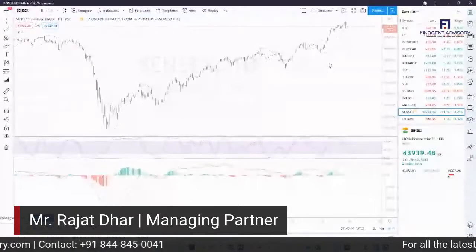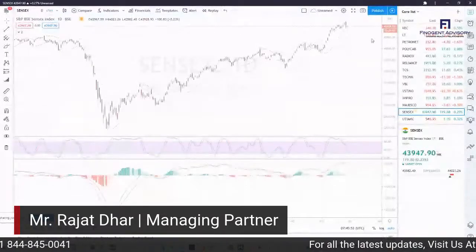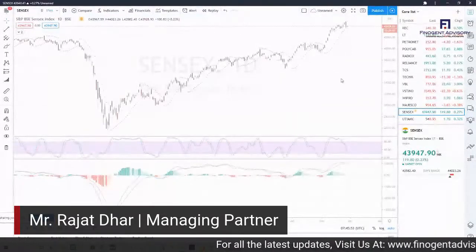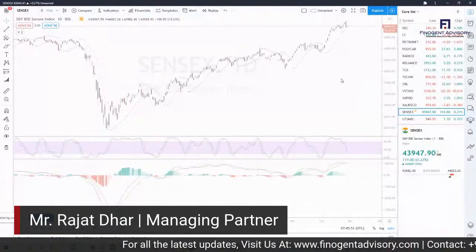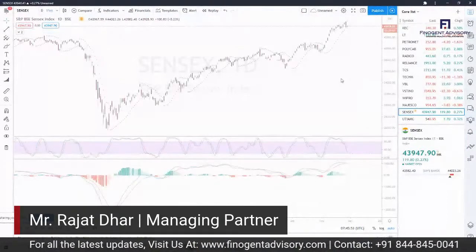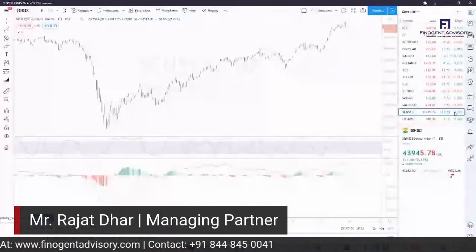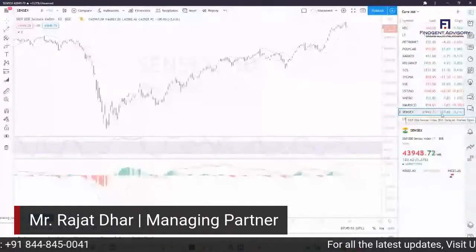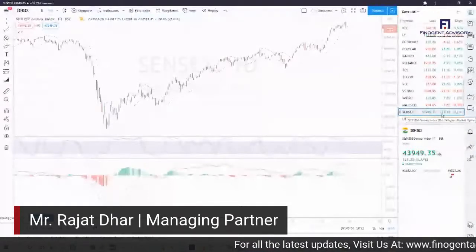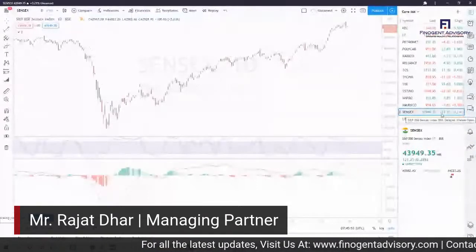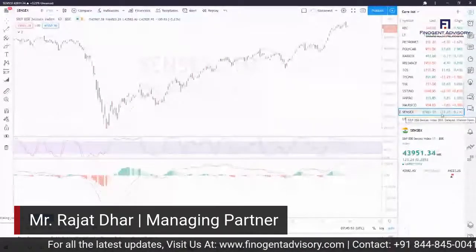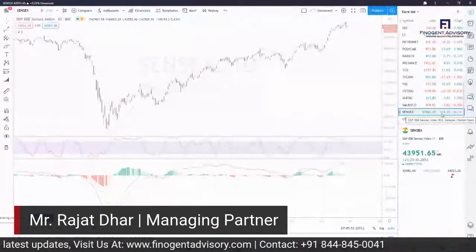Actually, it is a live trading session, so I believe the graphs are a bit slow to respond. But as of now, Sensex around 20 minutes back was negative 160 points, so it is now positive 123 points. What does this mean? This simply means that it has made a swing of around 300 points.